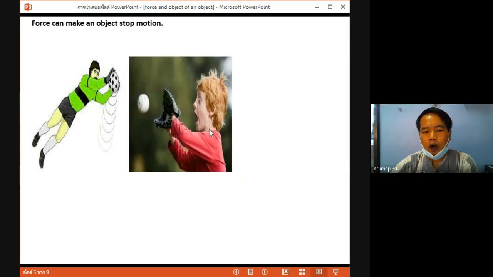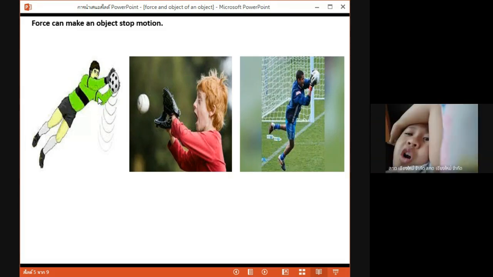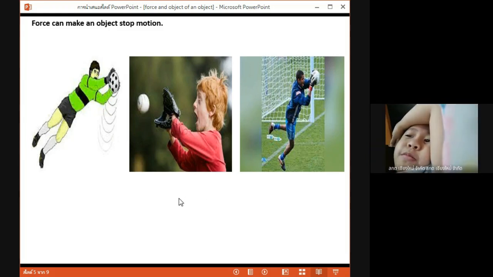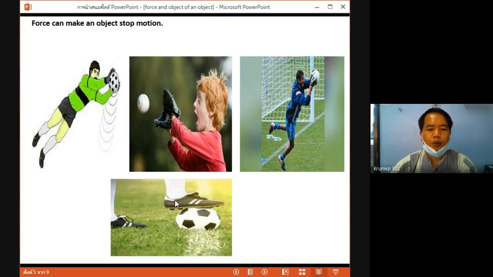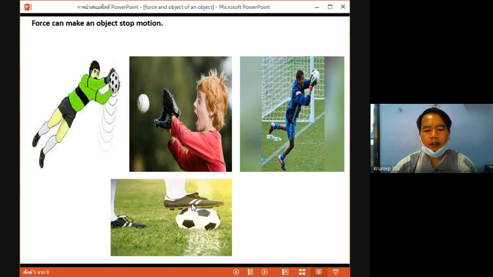This boy is catching the ball, so the ball will stop moving. Like this, the goalkeeper. Okay. And this one, the player stopped the ball by stepping on the ball.